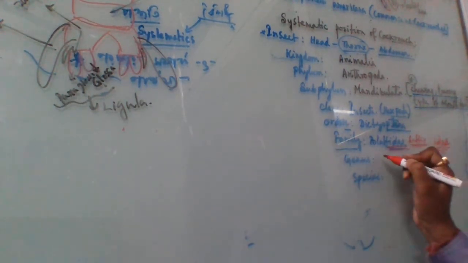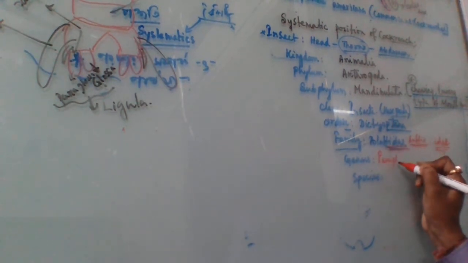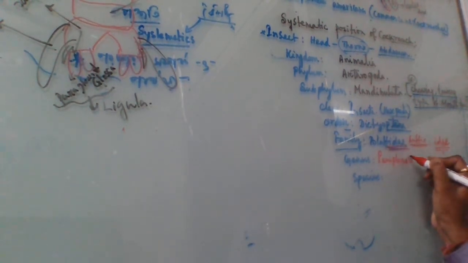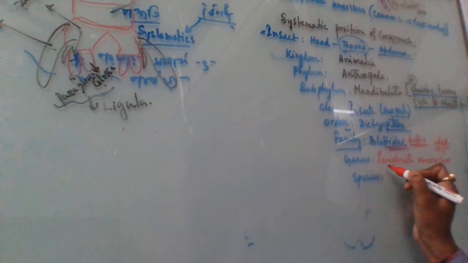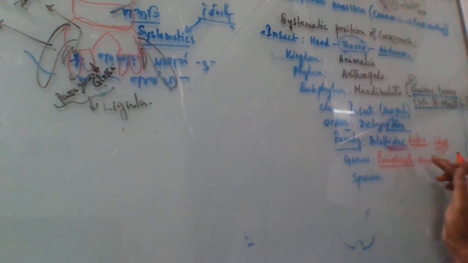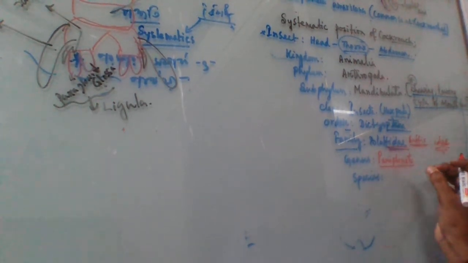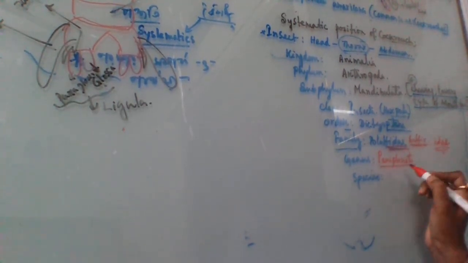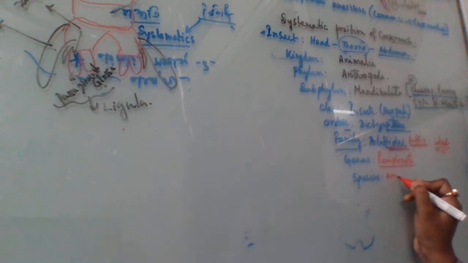And here today our specimen is Periplaneta americana. Please underline it, because it is a scientific name, we cannot write in Latin, so we make it a little italic and we underline it, and the species name is also americana.